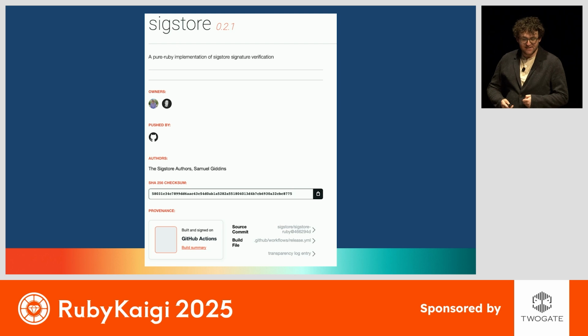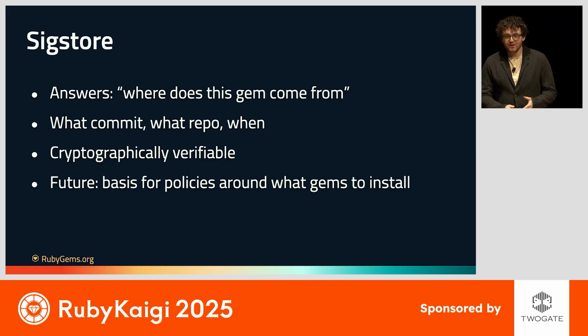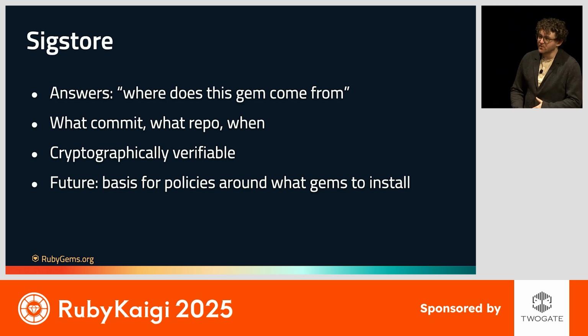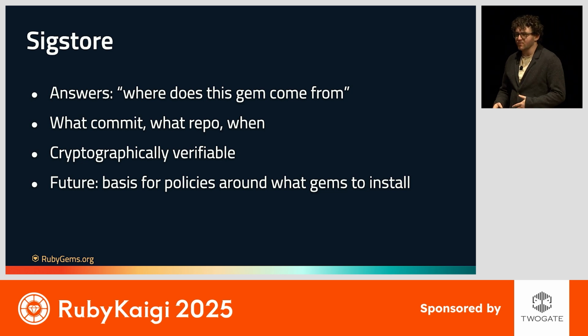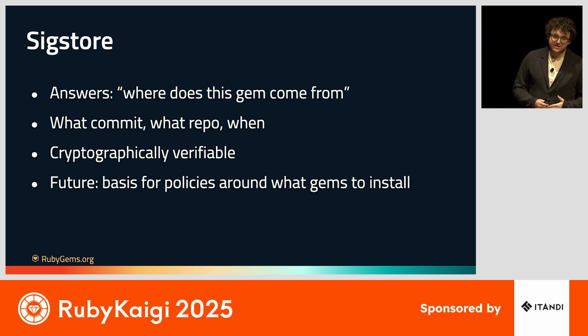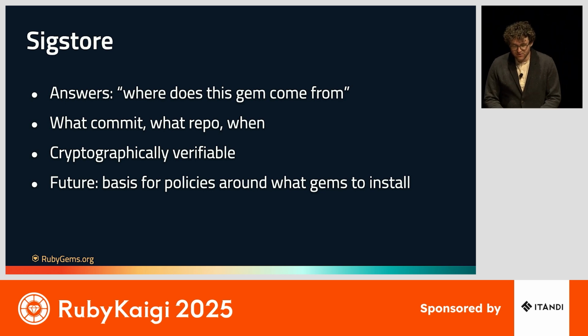on this website. So sigstore, for those of you who aren't familiar, is built to answer the question of where does a gem come from? What commit was it built from? What repo? When was it built? On what CI system? And to answer that question in a way that is cryptographically verifiable.